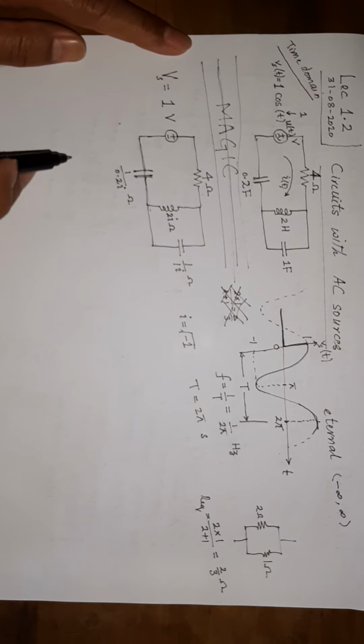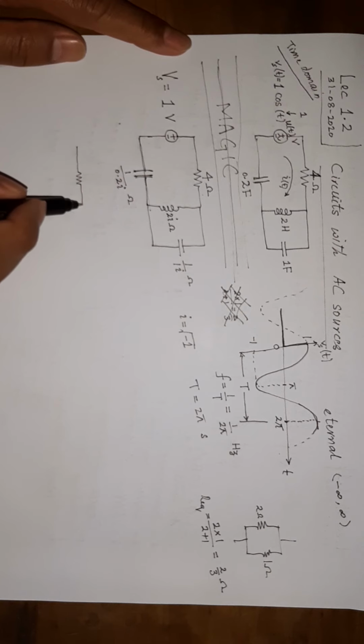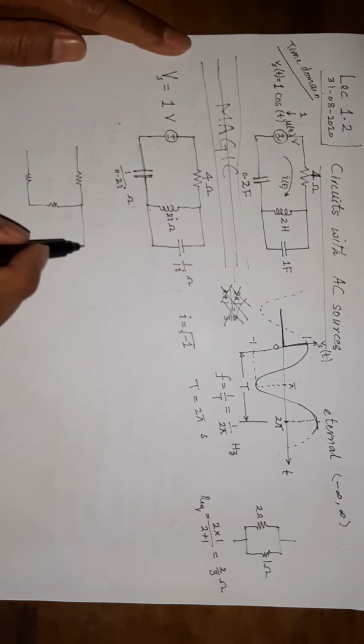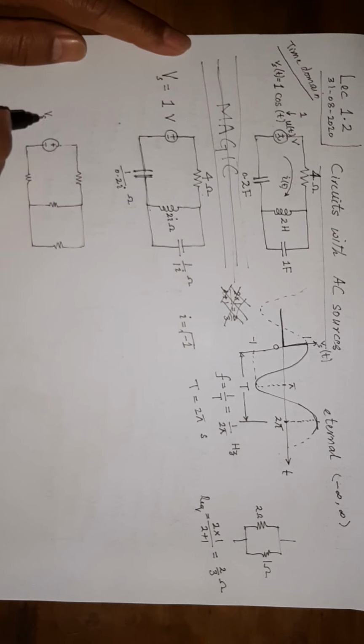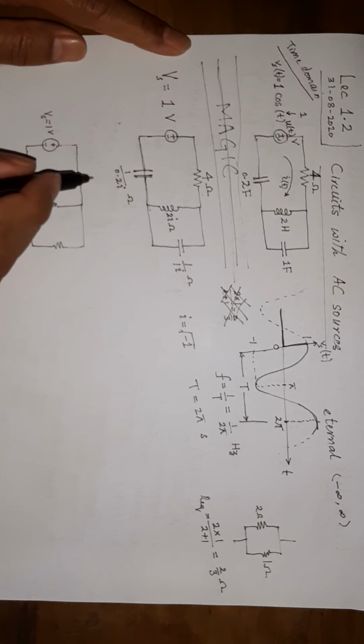So what do we get? Consider this circuit as a resistor, a resistor, a resistor, and a resistor with a DC source of 1 volt. So this is 4 ohms. This is 1 over 0.2, which is 5.